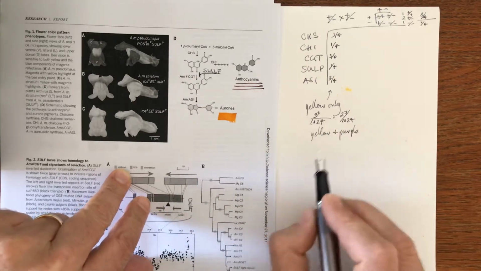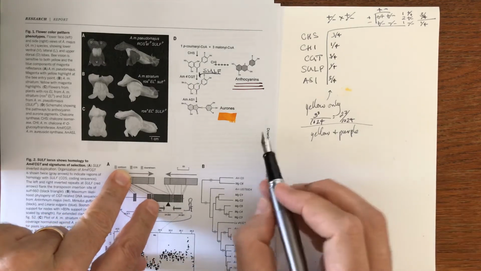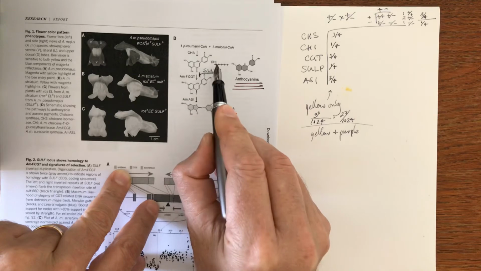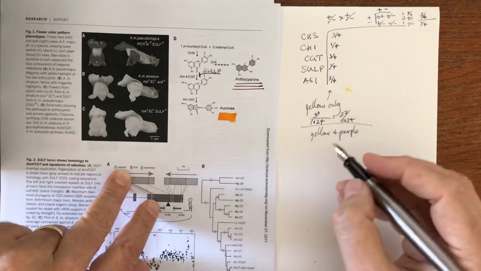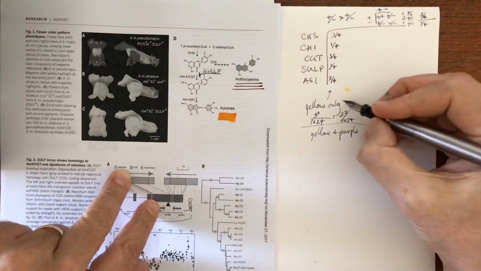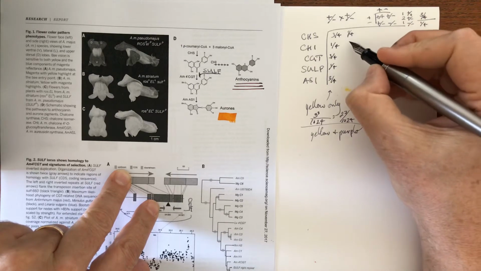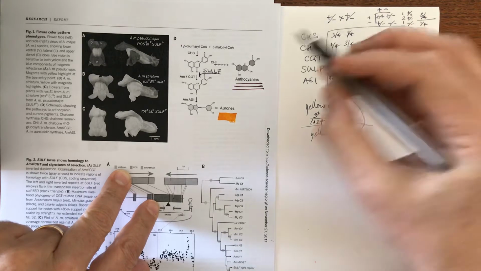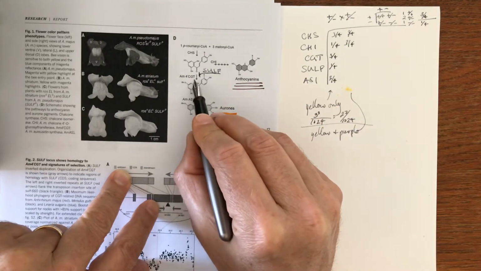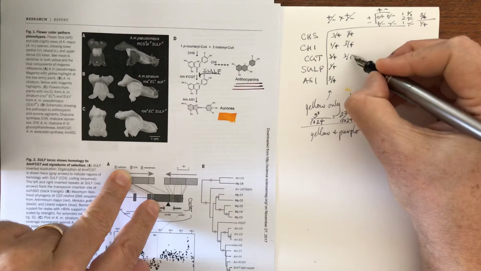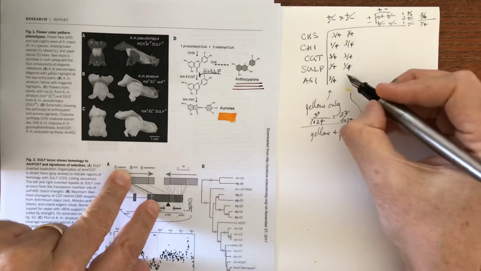So what we're looking at here, the genotype, is what is actually possible to make. So to be yellow plus purple, it has to have active here, active here, active here, not active here, active here. So that's not much different. So let's do it here. We have to have likewise a functional CHS, and now we have to have functional CHI to make the purple, rather, non-functional, and the CGT also must be functional, the sulf also must not be functional, and the ASI must be functional.